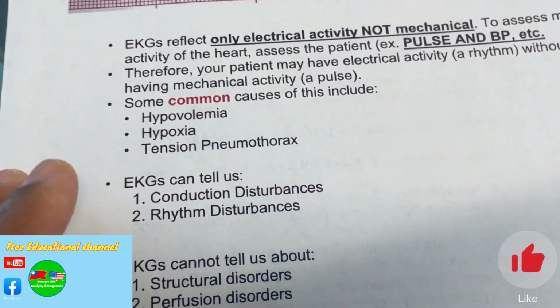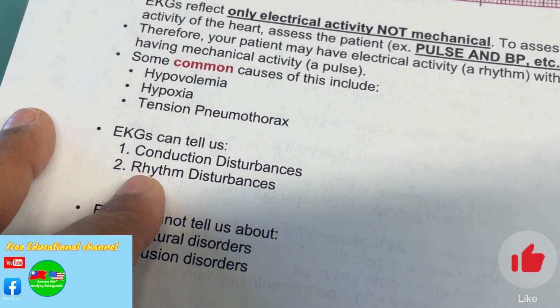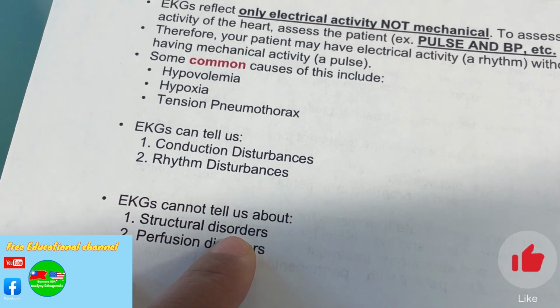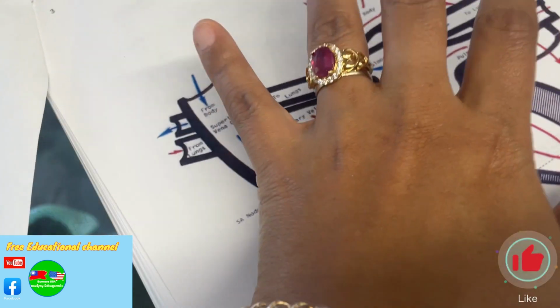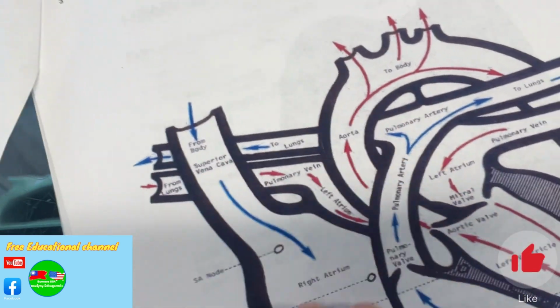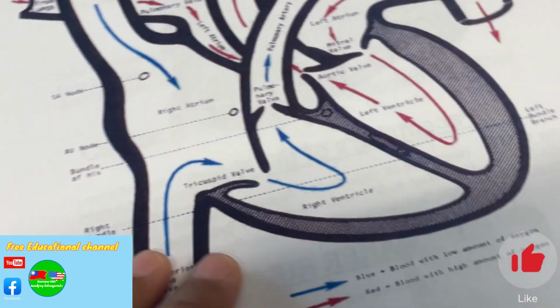Okay. EKG can tell us conduction disturbance and the rhythm disturbances. EKG cannot tell us structural disorder. So by taking the ECG, we don't know how their heart structures are going to look like, and perfusion disorder, we can't tell.